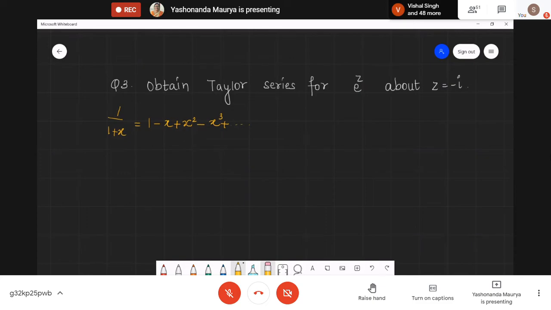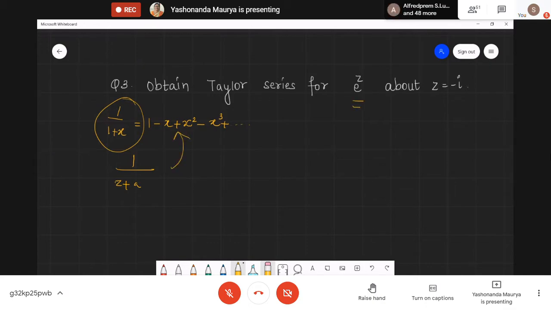We could use this in all the previous problems, but can we use it here? It is e raised to z, so we do not have an expression of this type. This can be used provided we have something like some variable z plus a or z minus a, then I can use this expression, whereas now here it is e raised to z.